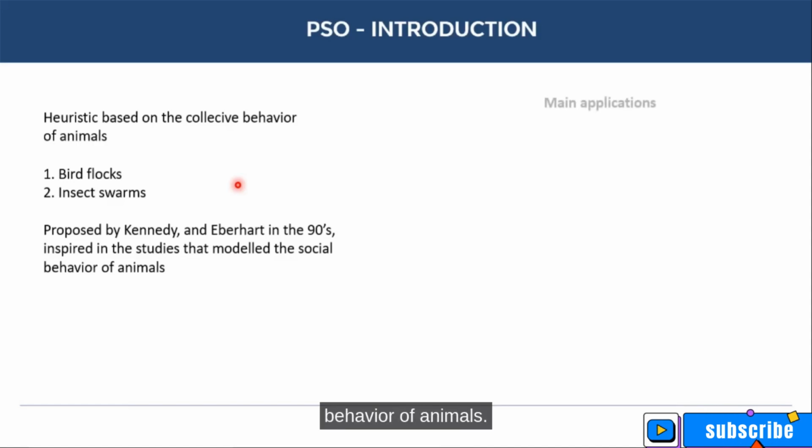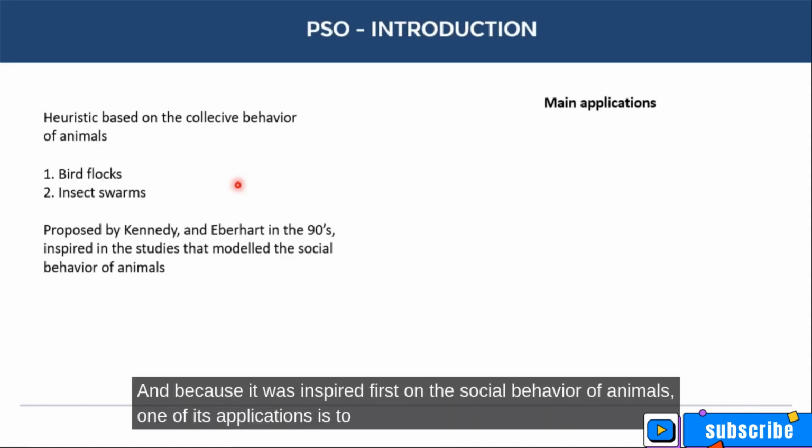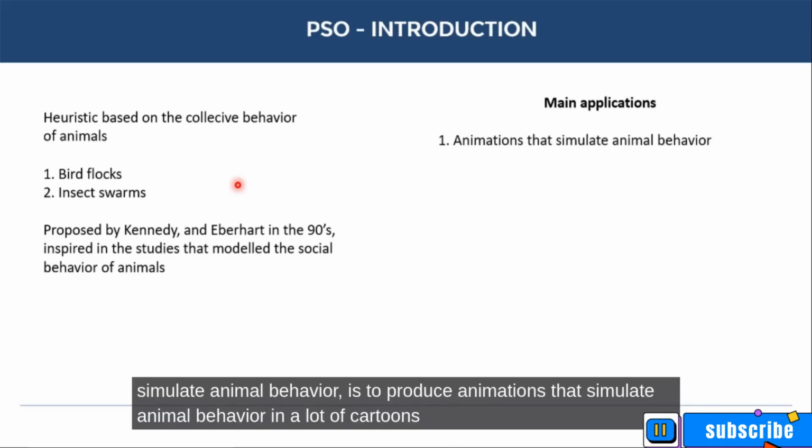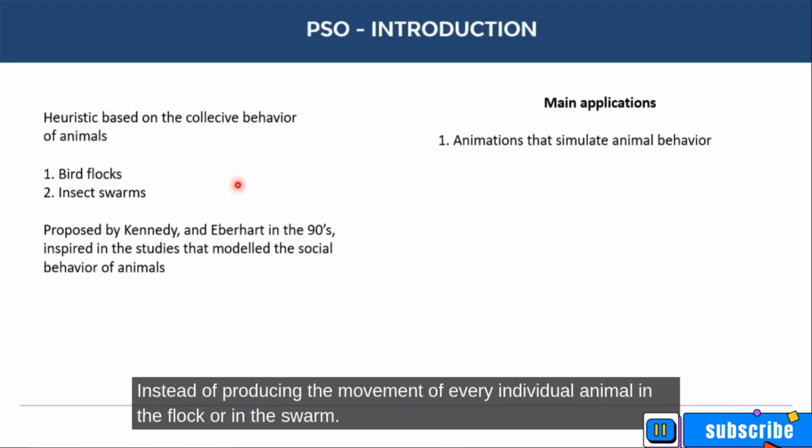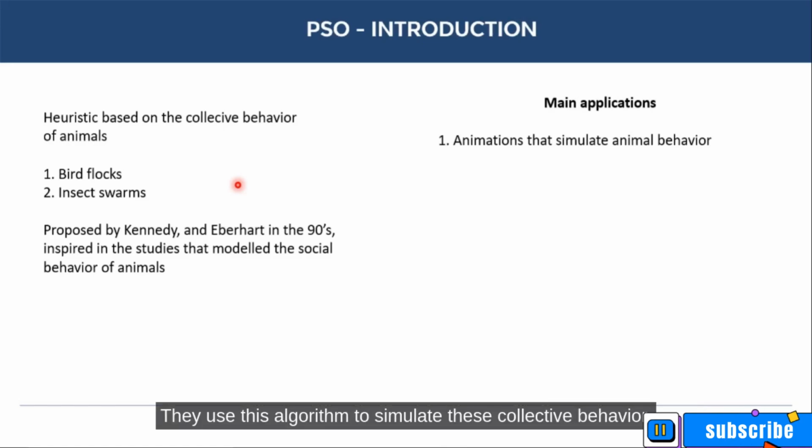of animals. And because it was inspired first on the social behavior of animals, one of its applications is to produce animations that simulate animal behavior. In a lot of cartoons and movies, instead of producing the movement of every individual animal in the flock or in the swarm, they use this algorithm to simulate this collective behavior.